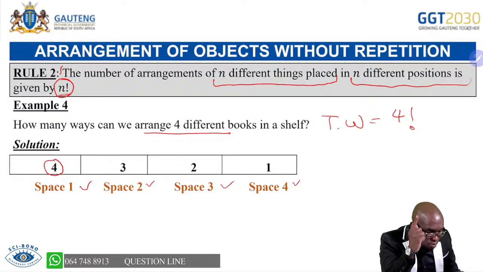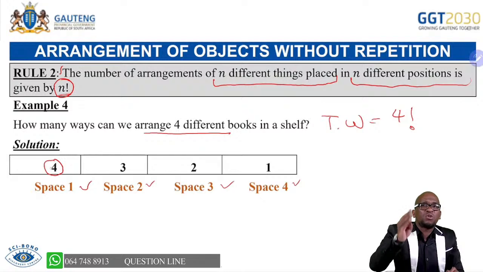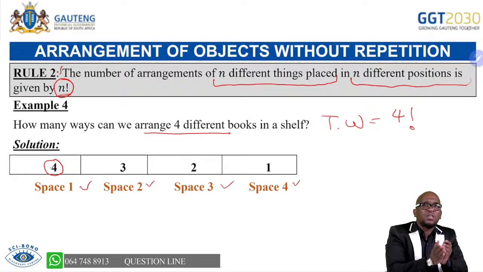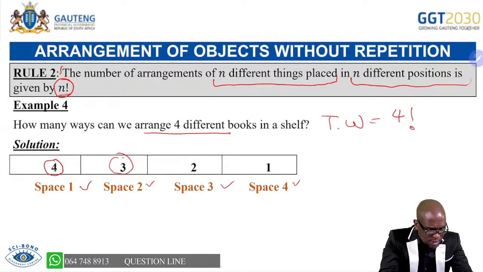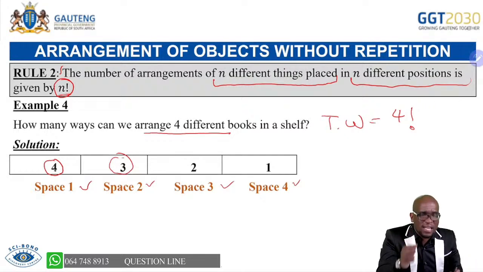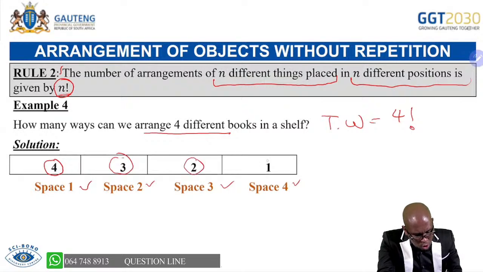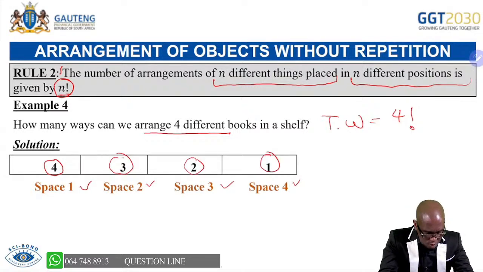Yes, there will be 1 book there. Only 1 book will sit in that space, but we have 4 options because any of those books has equal chances of being there. Space 2, now that 1 book has occupied space 1, we have 1 less book, 3 options, and so on up until we get to space 4, where there will be 1 option.